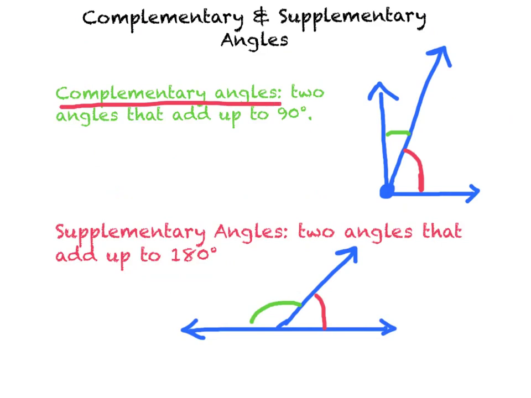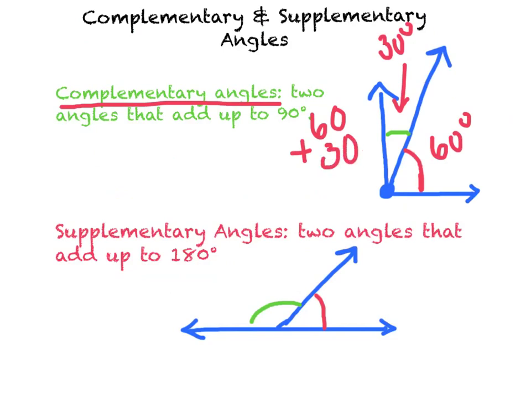An example of that is shown in the blue. We have two angles that are right next to each other, and let's say that this angle in red is 60 degrees, which means that this angle in green would have to be 30 degrees, because together they have to add up to exactly 90 degrees in order to be complementary.